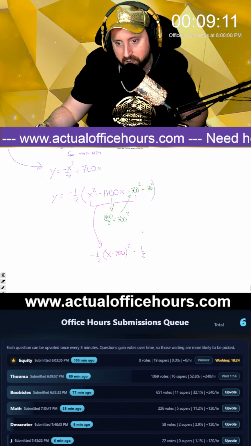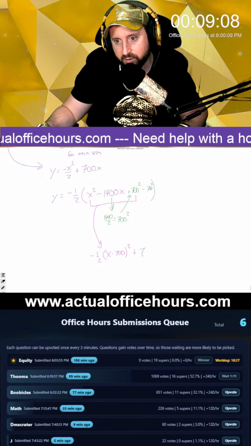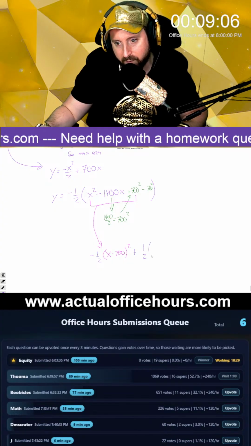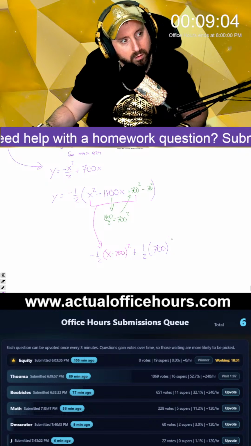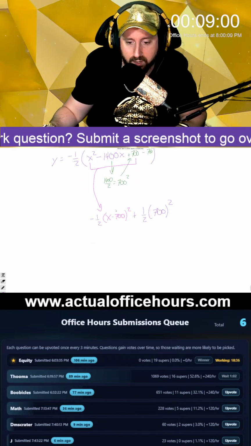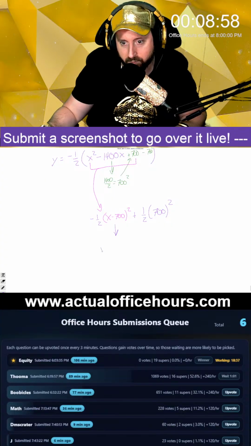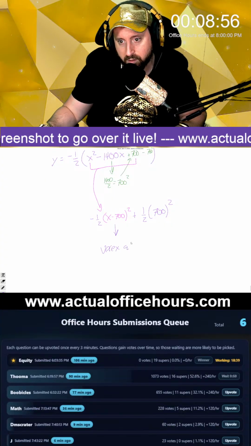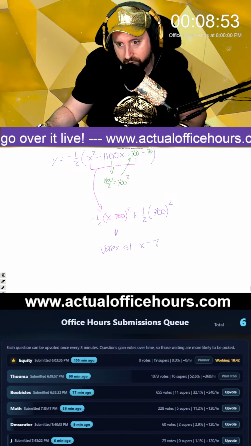Minus a minus is a plus, so this would be plus 1/2 times 700 squared. Okay, so now you know what the vertex is, right? Vertex is at x is equal to 700.